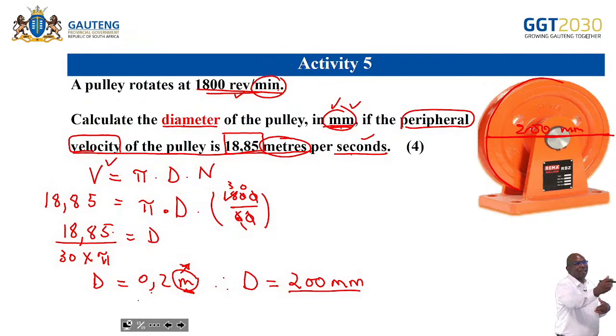Let's calculate the diameter of that thing. You see, this is so easy. After finding the diameter in meters, they want it in millimeters, so that maybe you can cut out whatever material you need at the workshop. Right.